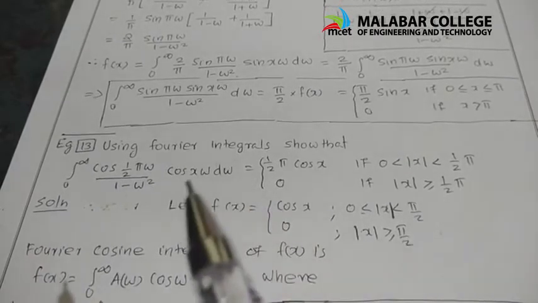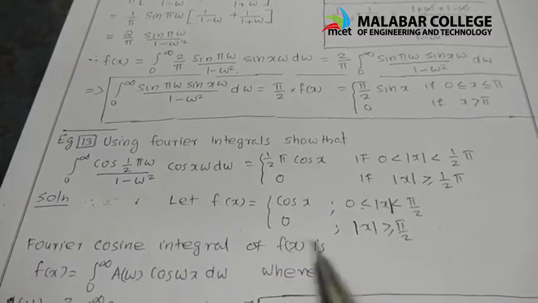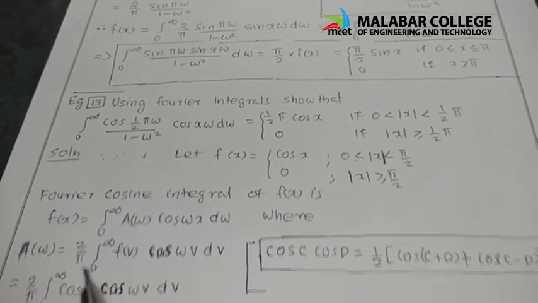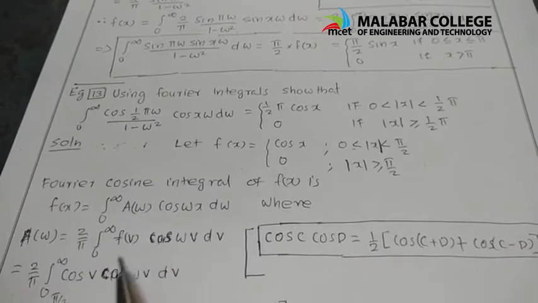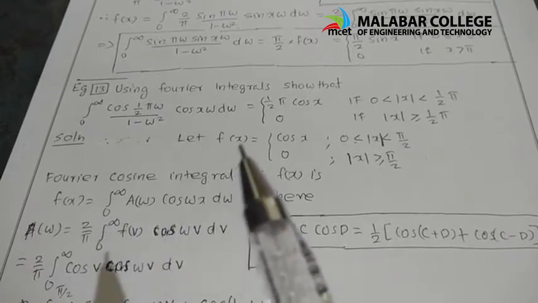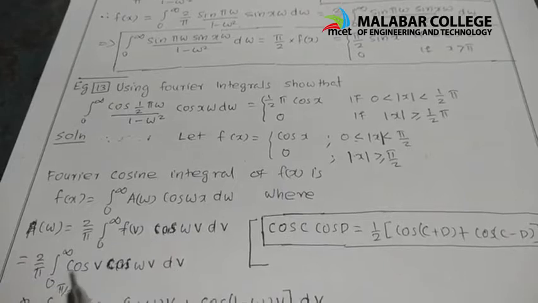We have a cos function here, so cos x omega here, so we take the cosine integral of f of x equal to integral 0 to infinity a omega cos x omega d omega, where a omega equals 2 by pi integral f of v cos omega v dv, and f of v is f of x, which is cos v here, so we have to substitute f of v as cos v here.